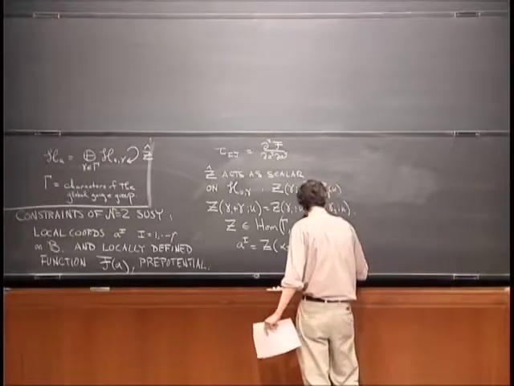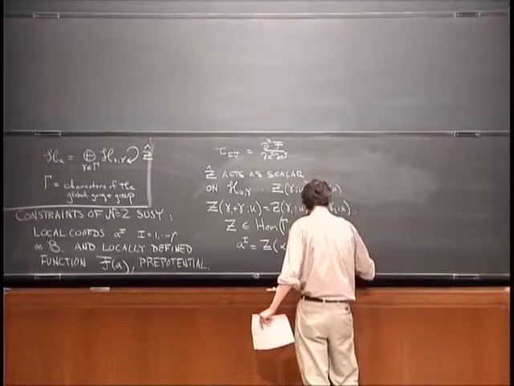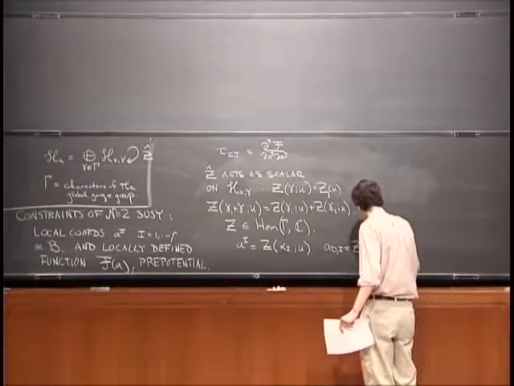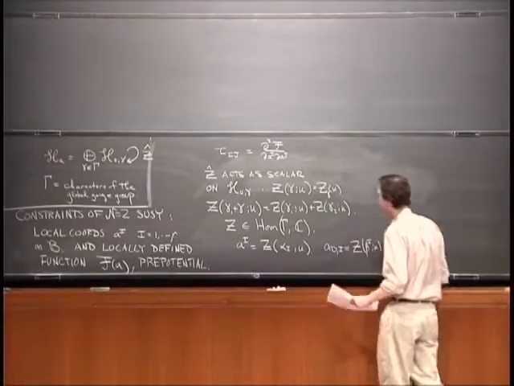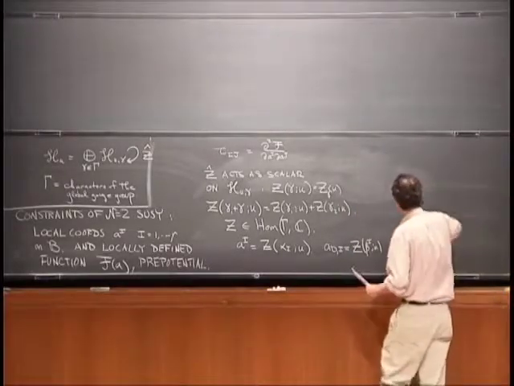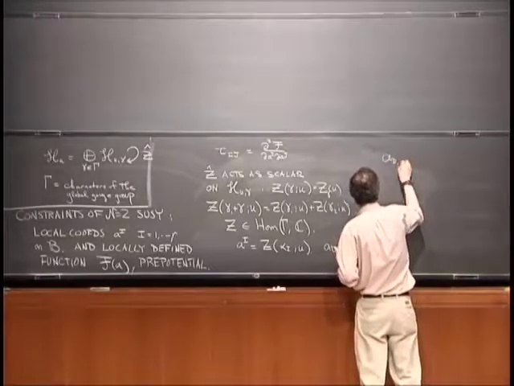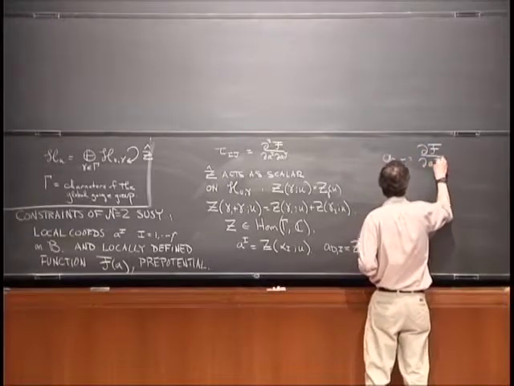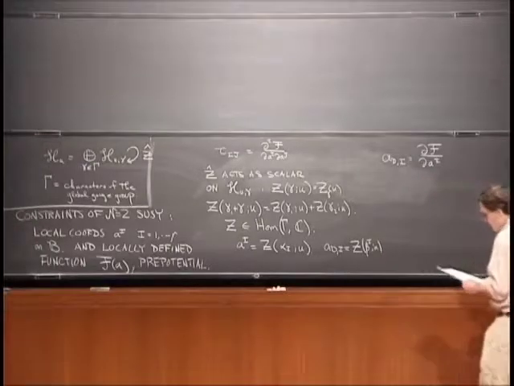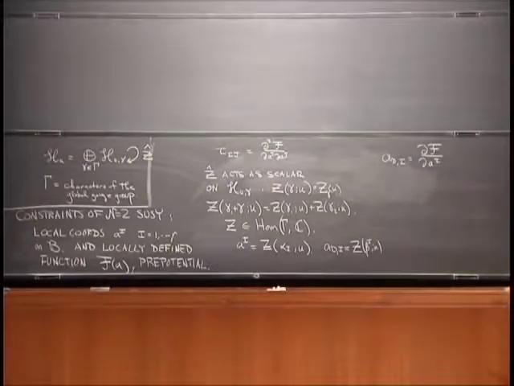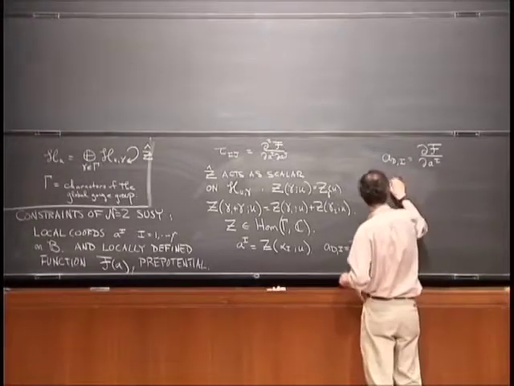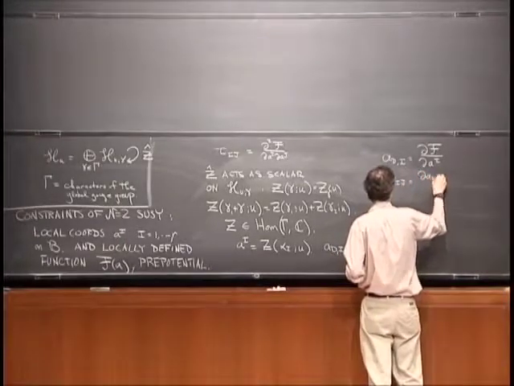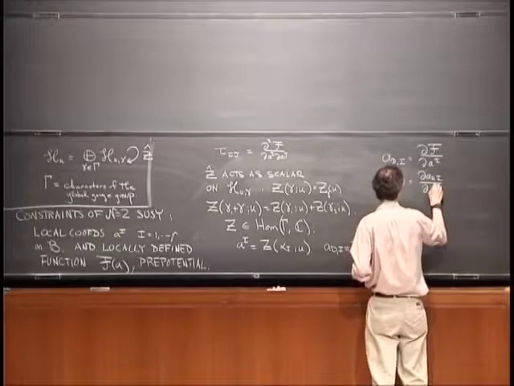And then the non-trivial thing is that if I define a_D,I to be Z of beta_I, u, then this same prepotential gives me a_D,I is the derivative of F with respect to a^I.